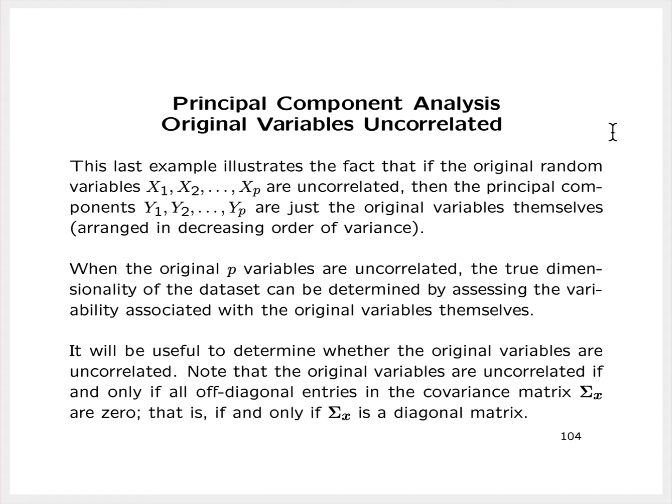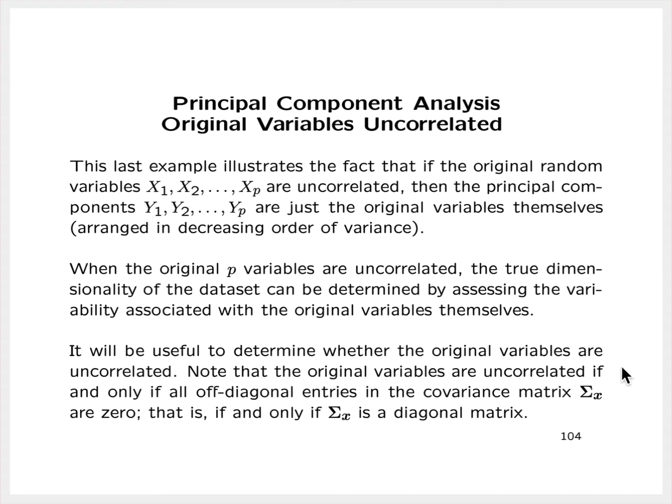Now, when the original p variables are uncorrelated, then the true dimensionality of the data set can be determined by assessing the variability associated with the original variables themselves. We actually would not have to go through the process of extracting the characteristic roots and the characteristic vectors and so forth. And that is the situation if the original p variables are all pairwise uncorrelated.